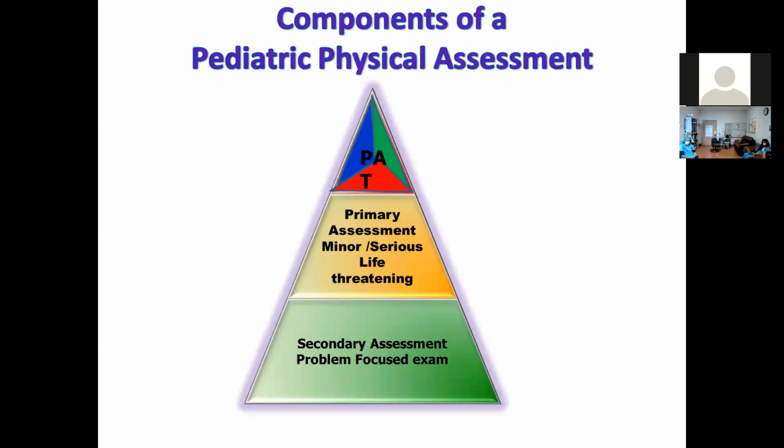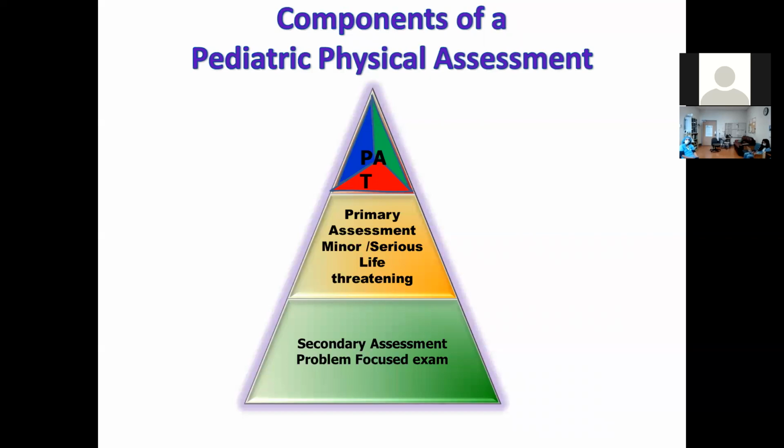So what is a major component of a pediatric physical assessment? We always start our assessment with the pediatric assessment triangle, then we move down to the pediatric primary assessment, and then to a secondary assessment. Due to time constraints, in this session we will go over the pediatric assessment triangle and primary assessment.